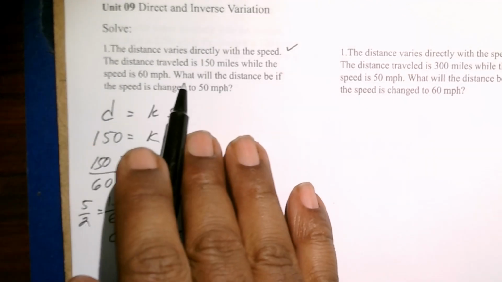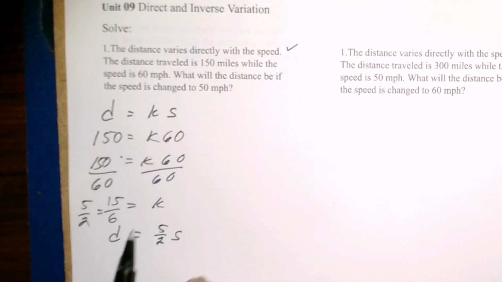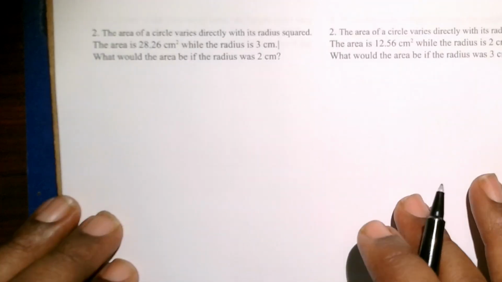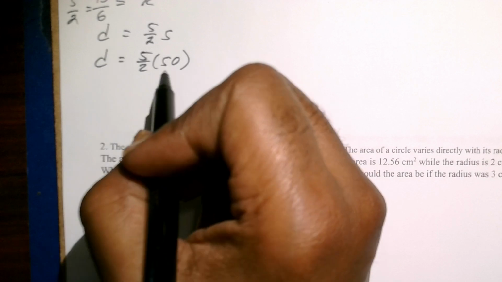The question now is, what would the distance be if the speed is changed to 50 miles an hour? So using this new equation, let's change the speed to 50, and we'll get 5 over 2 times 50.